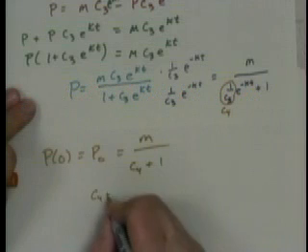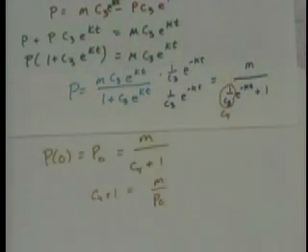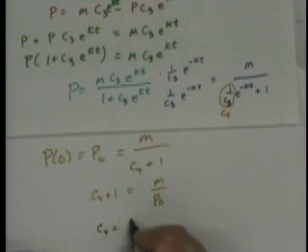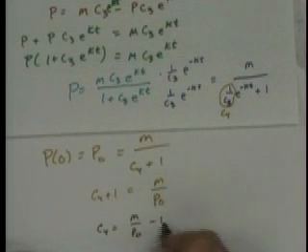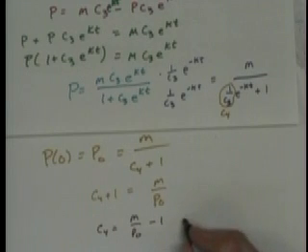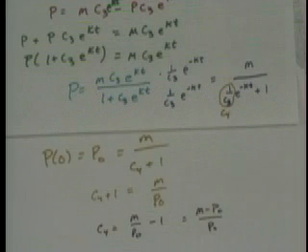So c4 plus 1 equals M over P naught, or I sort of switch their places. And so c4 is M over P naught minus 1, which is sometimes written as M minus P naught over P naught.